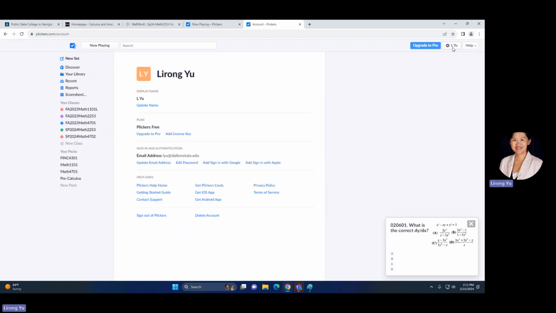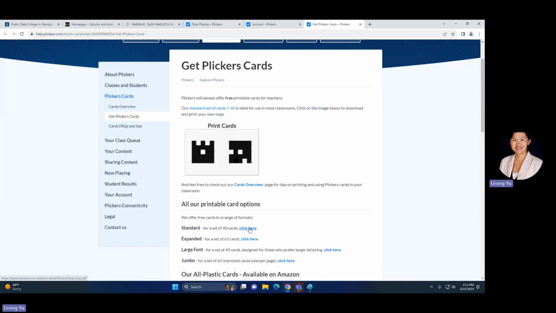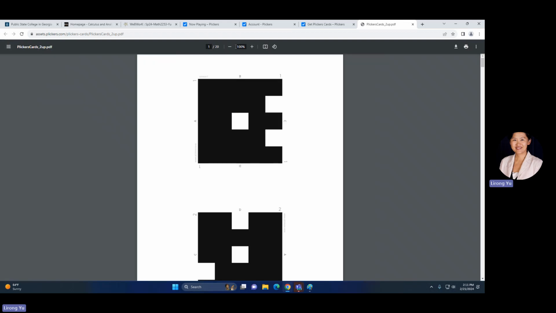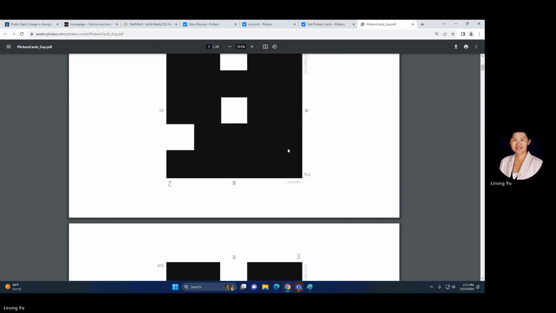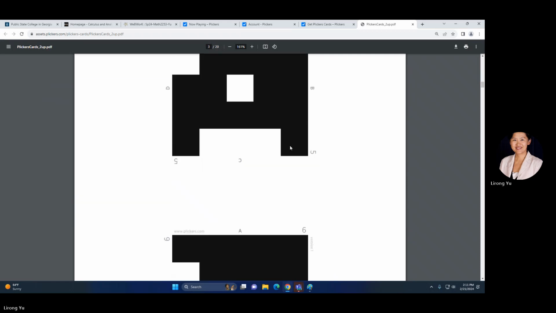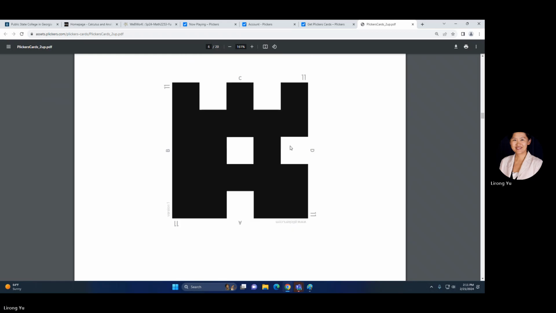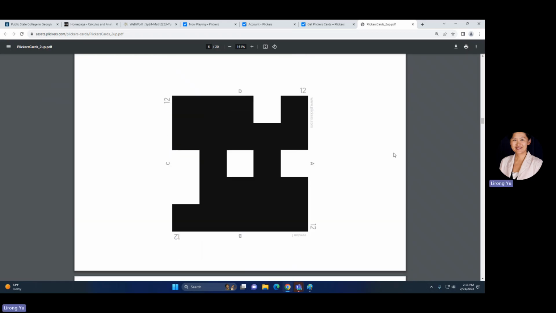And I can find the card image. You can also find it online yourself, or you can take a picture of the image and then use that.